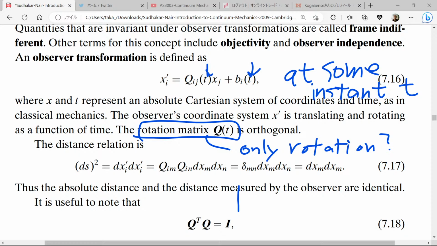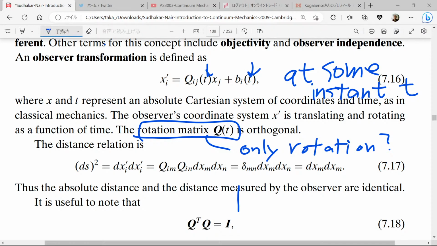So you can convert the observer frame. The observer frame is like translation and rotation.